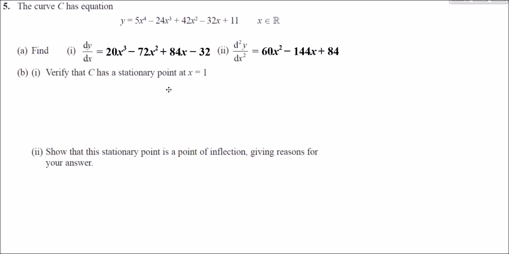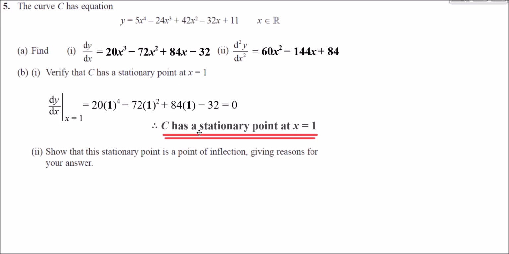So if we do that now, dy by dx when x is equal to 1 will be 20 multiplied by 1 to the power 4 minus 72 times 1 squared, just substituting in 1 in place of x because x is equal to 1. And if you work this out on your calculator, you'll get an answer of 0. So that has verified that C has a stationary point at x equals 1. So you might want to conclude just by saying that. It can't hurt to do so.